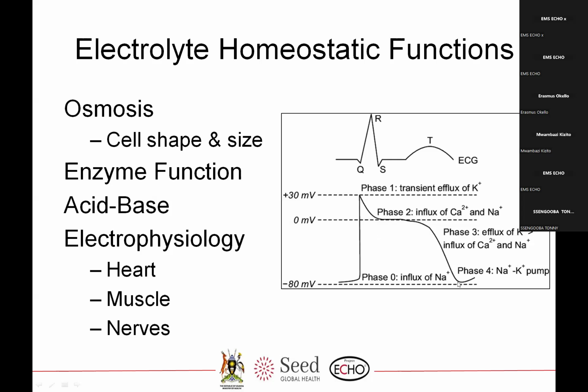And then sometimes the repolarization is too much and you end up overshooting, with too much potassium leaking out of the cell and too much sodium still stuck in the cell. So then the ATPase pump gets active to push potassium back into the cells and push out sodium.